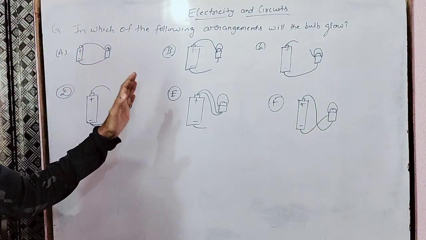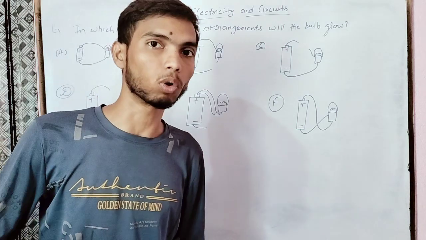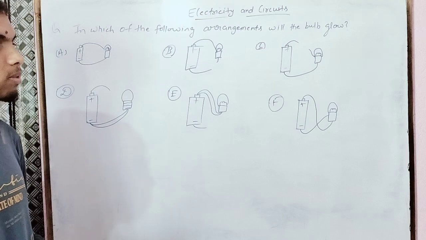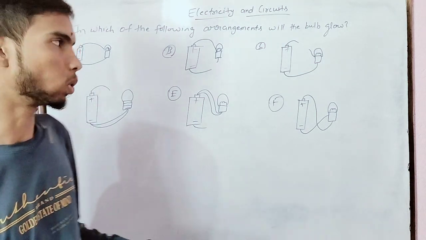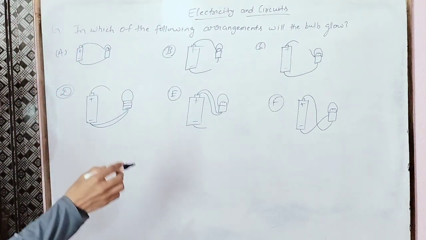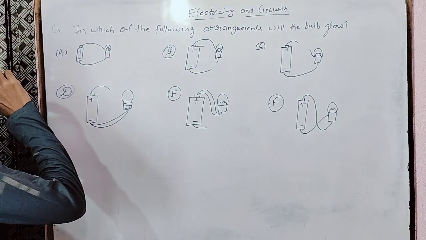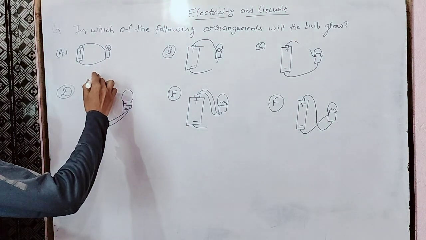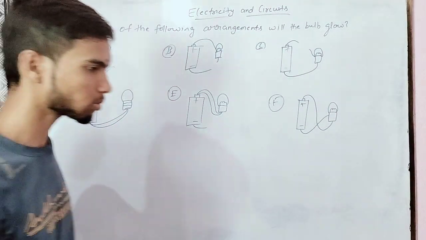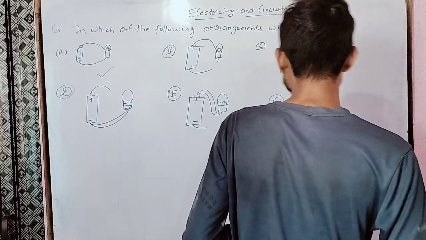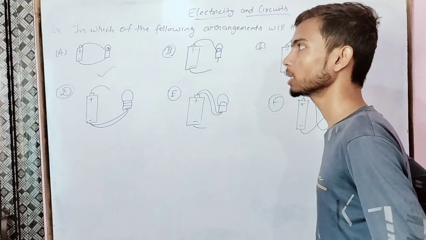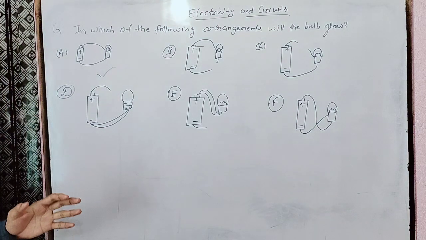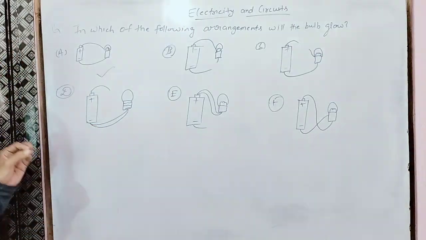So in which of the following arrangements will the bulb glow? Logically you have to tell. So here you can see this is a closed circuit. First of all, this is a closed circuit. Now the arrangement of each element should be clear, right, correct.